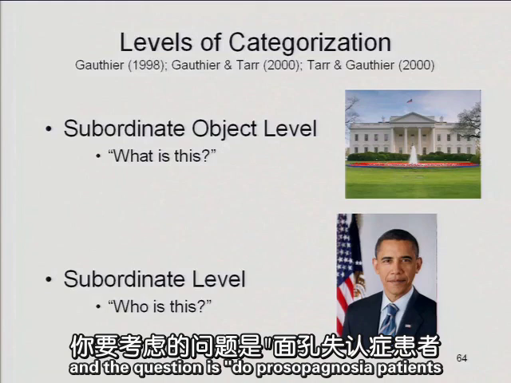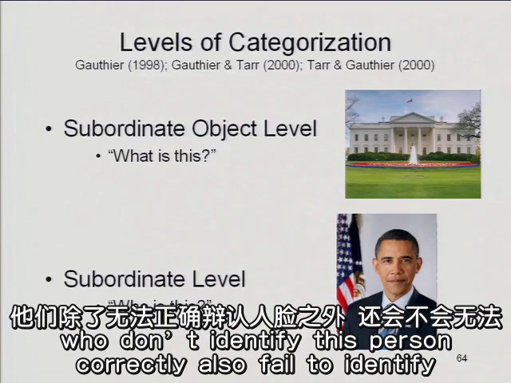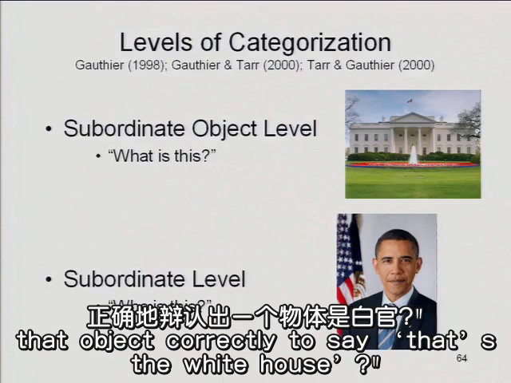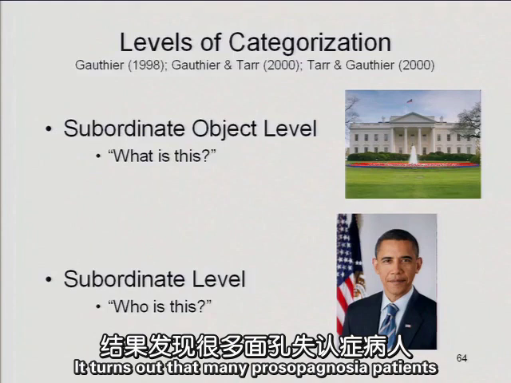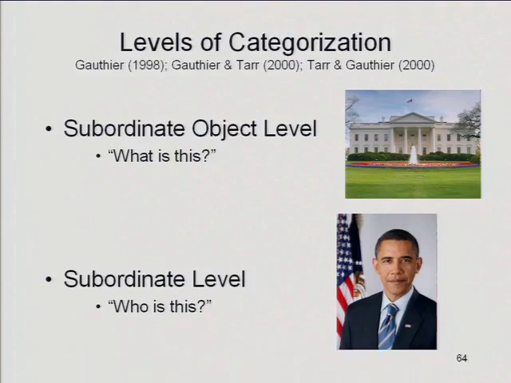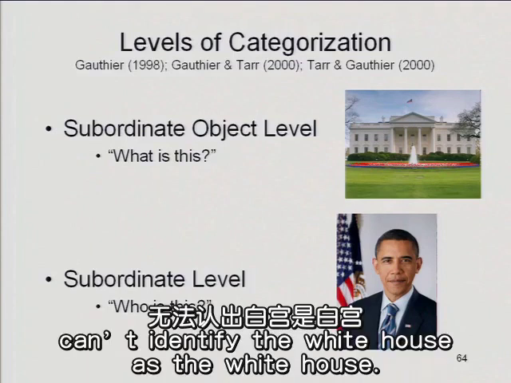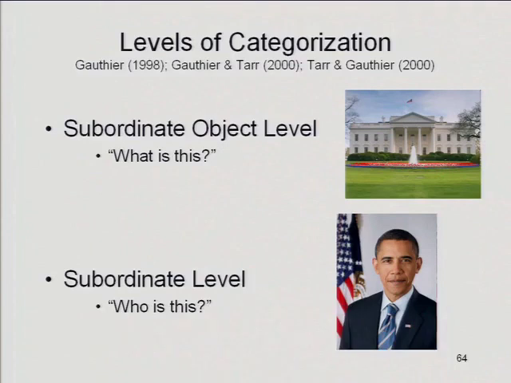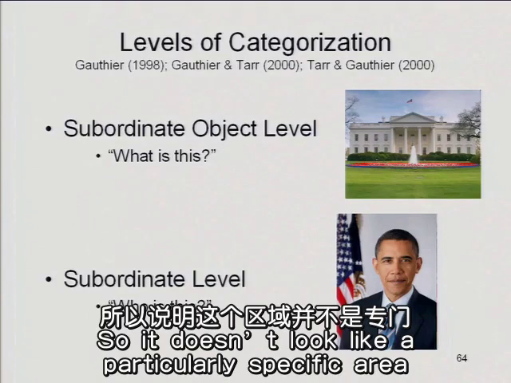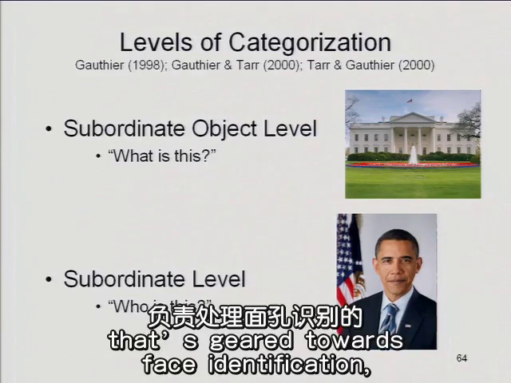And the question is, do prosopagnosic patients who don't identify this person correctly also fail to identify that object correctly, to say, that's the White House? Well, it turns out that many prosopagnosia patients can't identify the White House as the White House. So it doesn't look like a particularly specific area that's geared towards face identification.